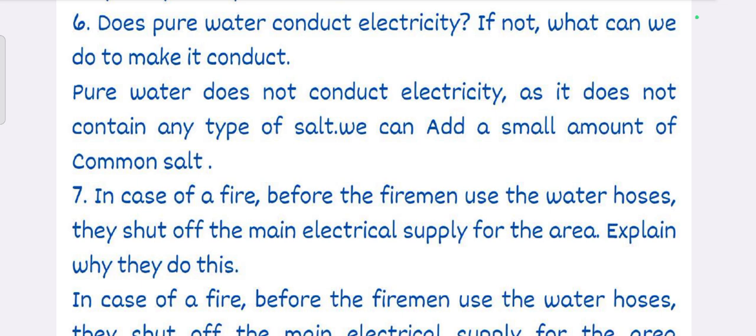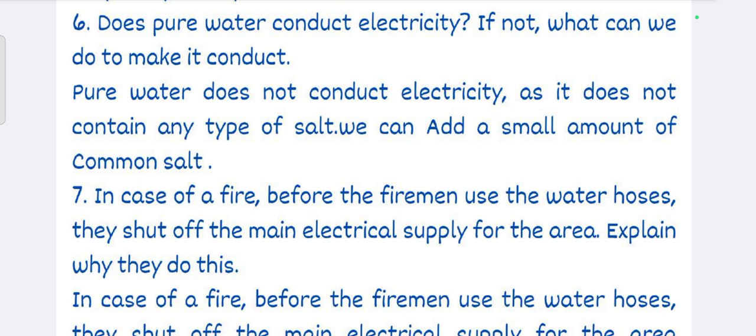Pure water does not conduct electricity, as it does not contain any type of salt.